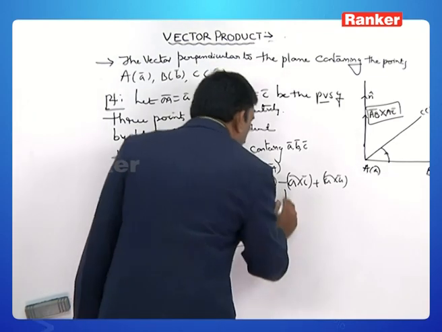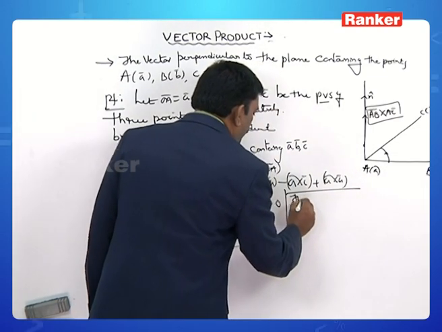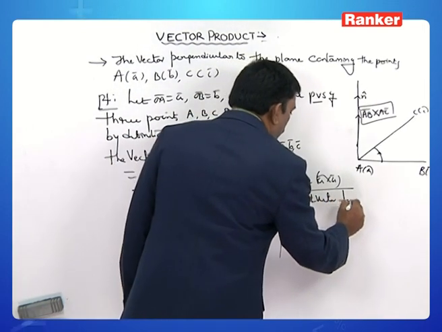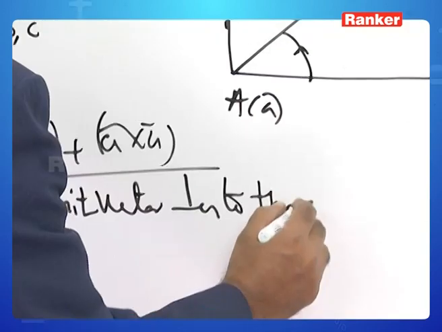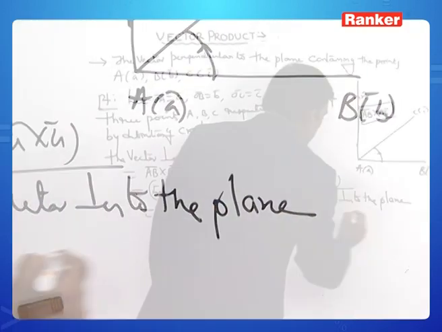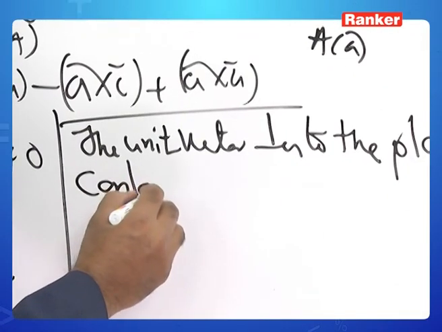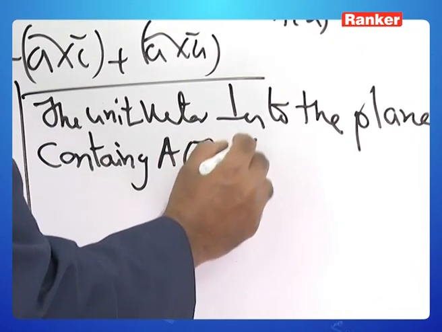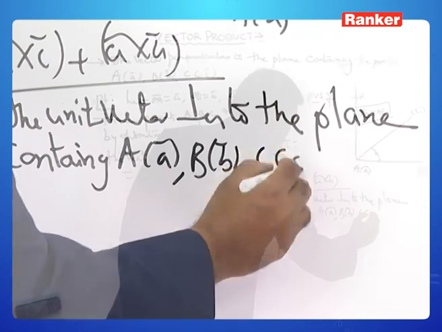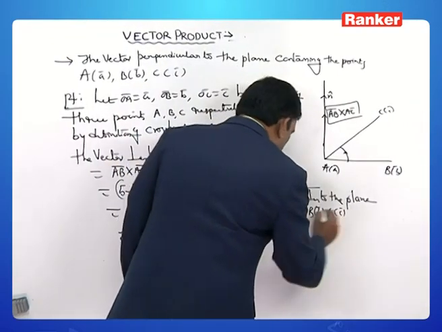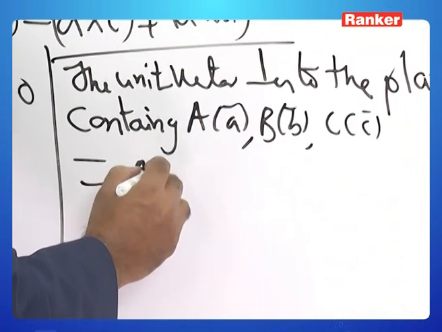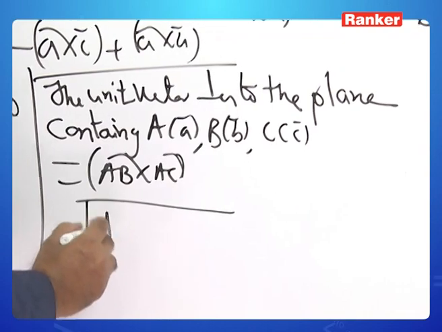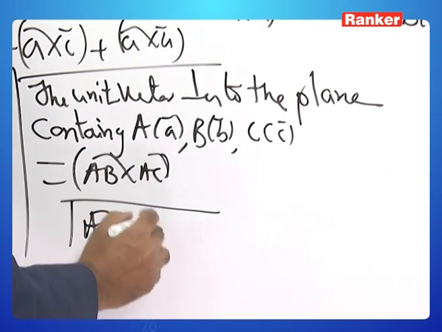The unit vector perpendicular to the plane containing A of A bar, B of B bar, C of C bar is equal to AB bar cross AC bar whole divided by modulus of AB bar cross AC bar.